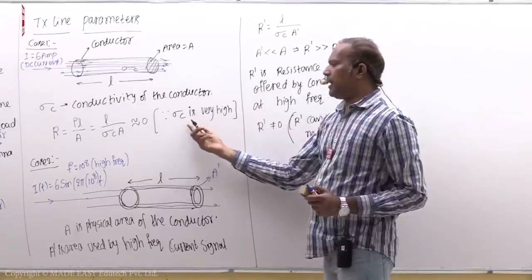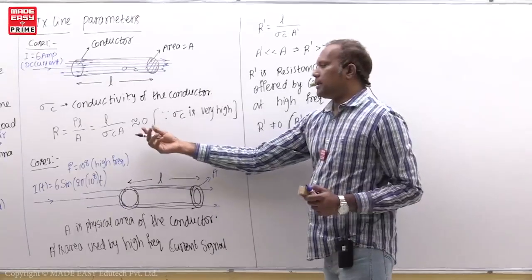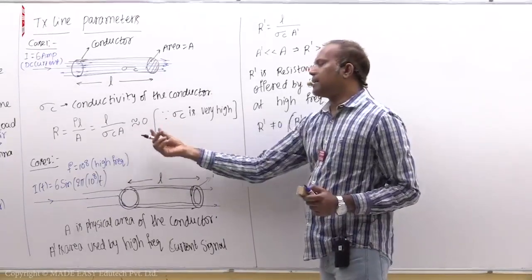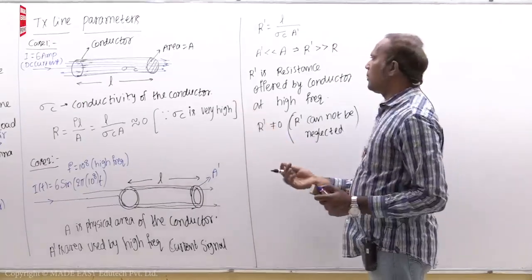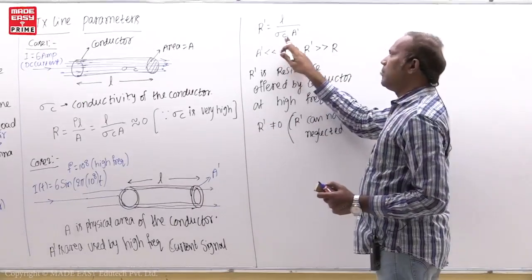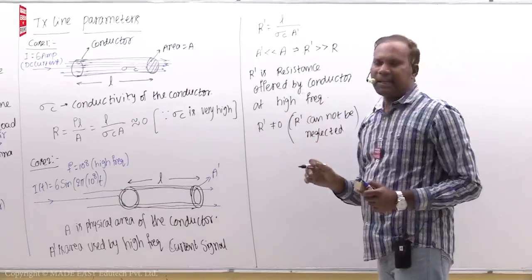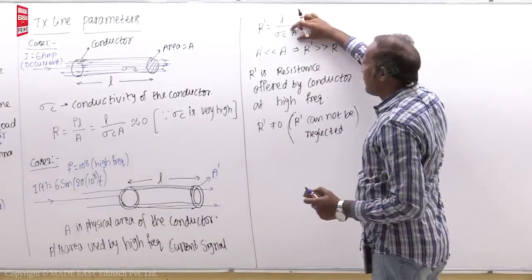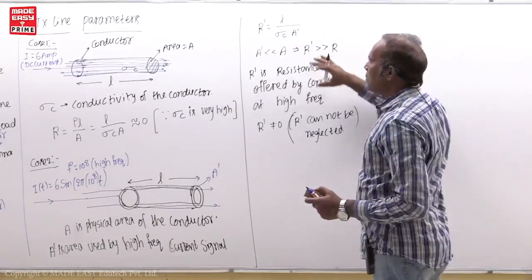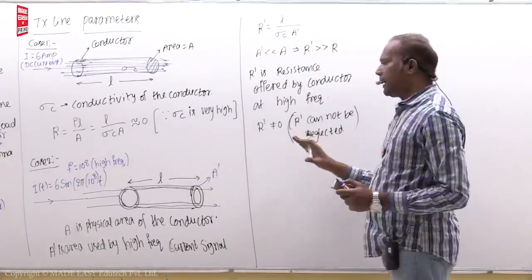But R can be neglected because sigma C is very high and the area is also very high, so the denominator is very high and the value becomes 0. But here sigma C is high, but A dash drastically reduces, so the denominator has a small value. So the R dash value will be high, and you can't neglect that.